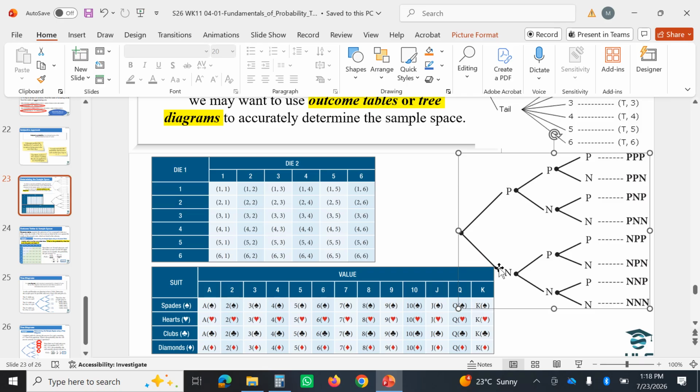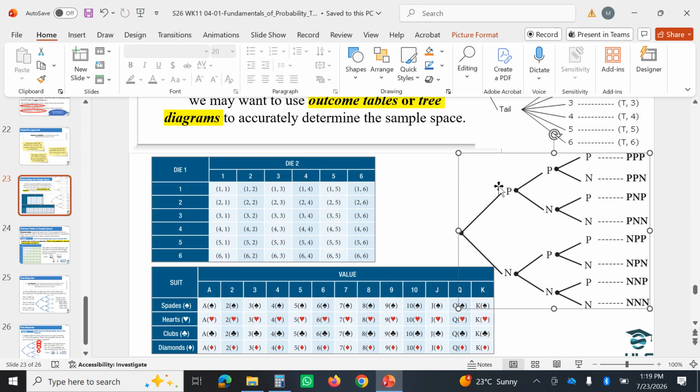There's a 50% chance of getting a P or an N. So here, P, P, P, triple P; P, P, N; P, N, P. These are just talking about different events. So what does PNP mean? What is the probability of this event happening, and what event is that?